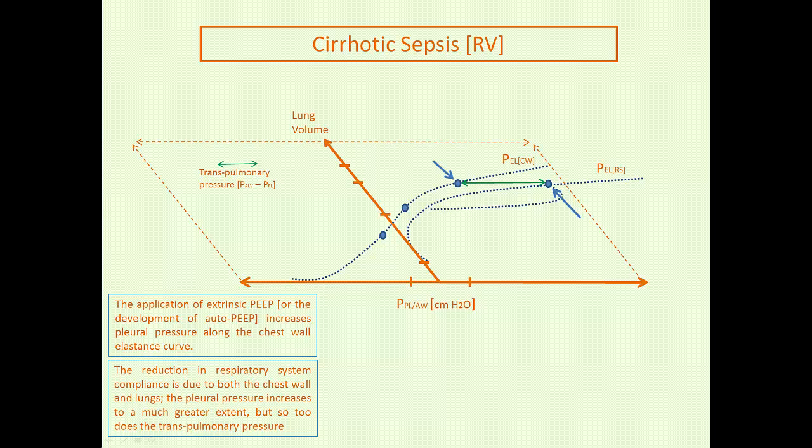So in effect, the massive ascites, which diminishes the chest wall compliance curve, results in a higher than predicted intrathoracic pressure, and that actually reduces your transpulmonary pressure, and your right ventricle actually kind of likes that.